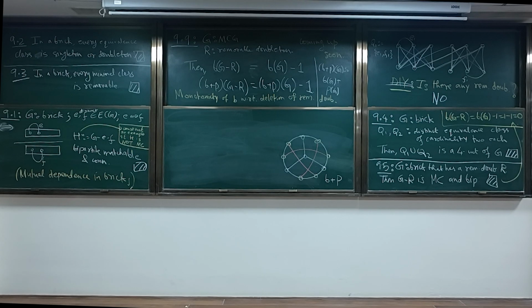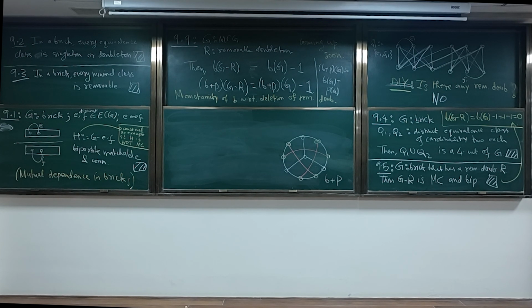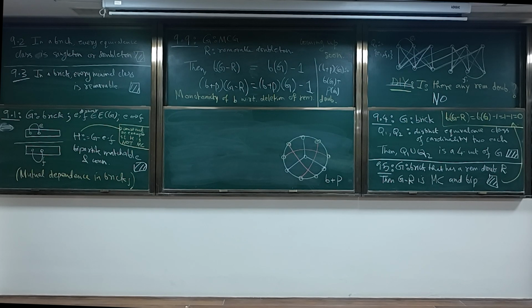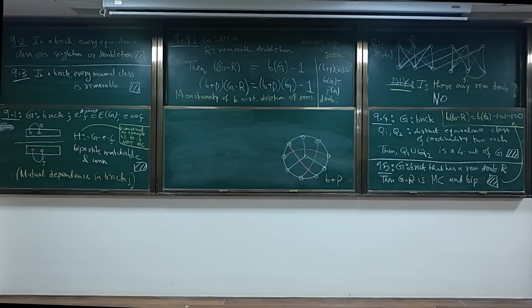If I delete one vertex and I get a bipartite graph, that seems strange. That shouldn't happen, right? There's a proposition in the book, and I think we discussed it earlier: if G minus V is bipartite, then G itself is bipartite.